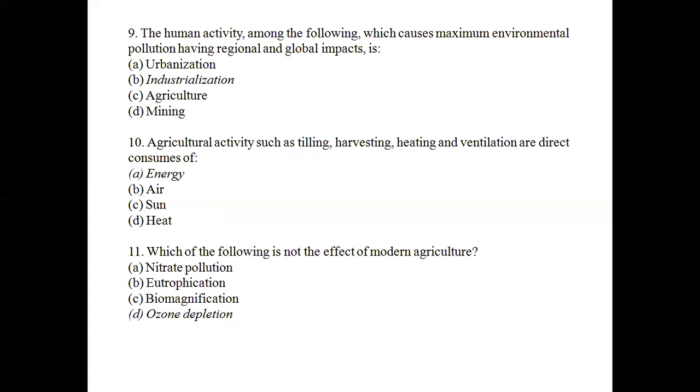Next question, agriculture activities such as tilling, harvesting, heating, ventilation, or direction consume energy, air, sun, heat. You have to identify the correct option for this. Which one of the following is not the effect of modern agriculture? Nitrate pollution, eutrophication, biomagnification, ozone depletion. You have to identify the correct answer for this.